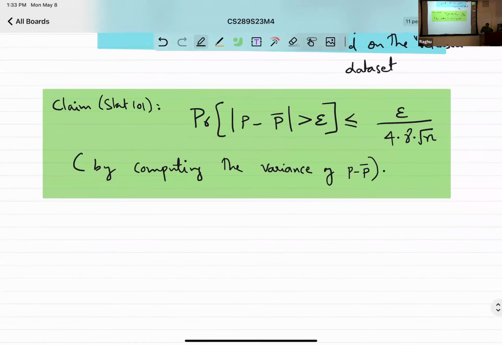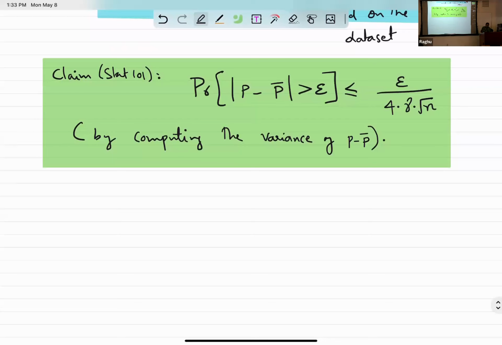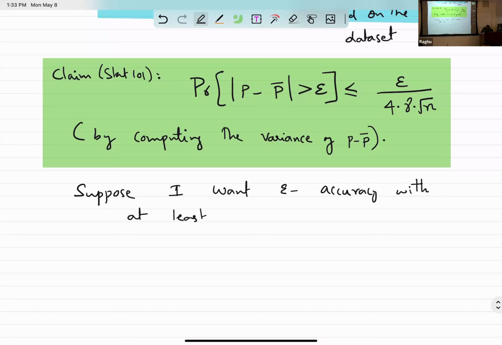And just to get a sense, suppose I want epsilon accuracy with at least 90% chance. Okay. So I want to make sure that my accuracy is going to be within some epsilon, like let's say 0.01 or 0.1 or whatever, with at least 90% chance.